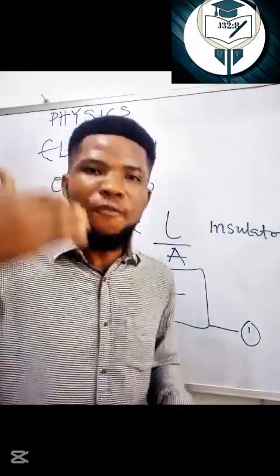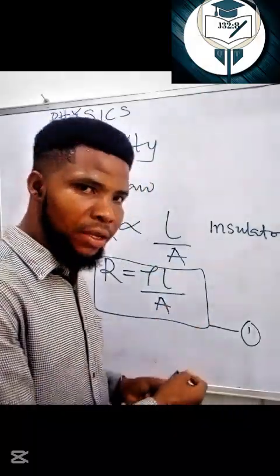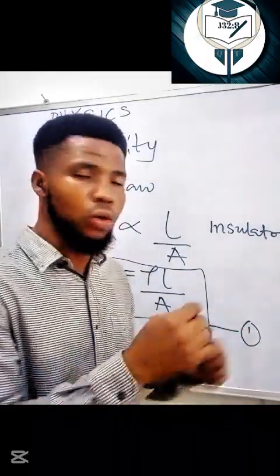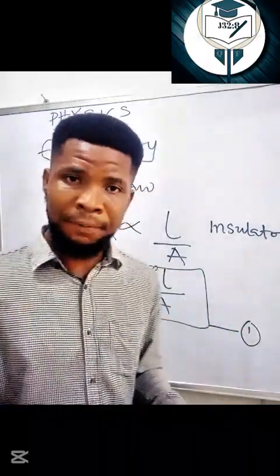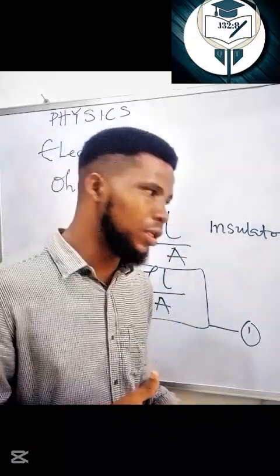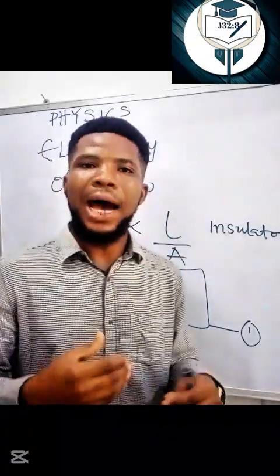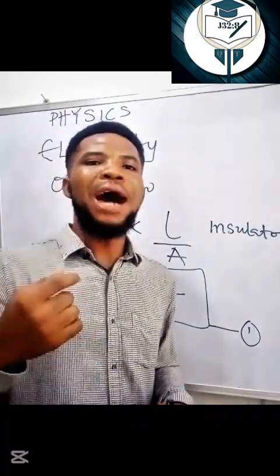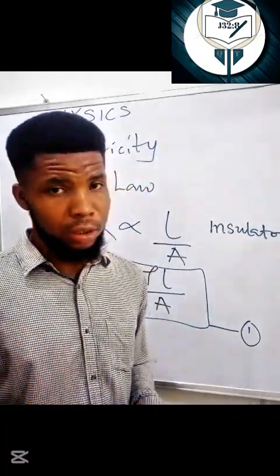That is, they have infinite resistance, like your plastic, your rubber, your firewood, paper, all the stuff that do not conduct. They have infinite resistance, that is, they will never allow the conducting of electricity. There are some materials that at a very high voltage, their resistance will be broken, they will conduct electricity.